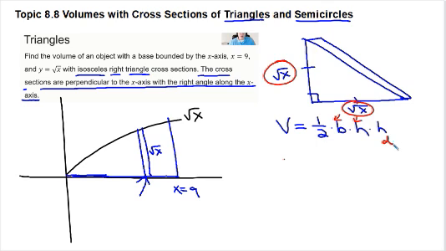This is going to be my dx, and we're ready for an integral. My integral is 1/2 the square root of x times the square root of x dx from 0 to 9.